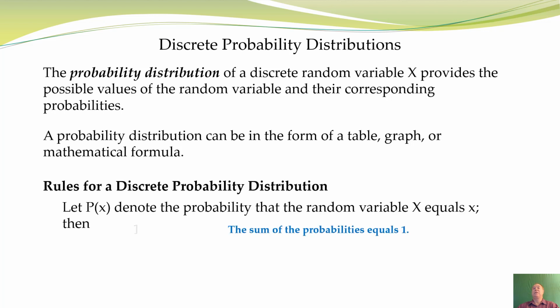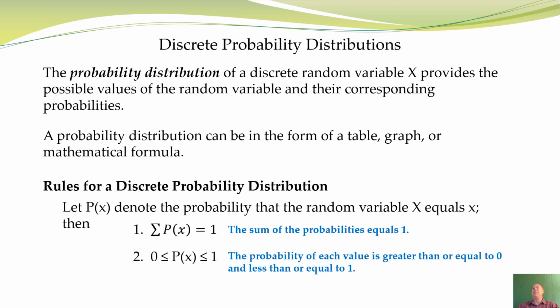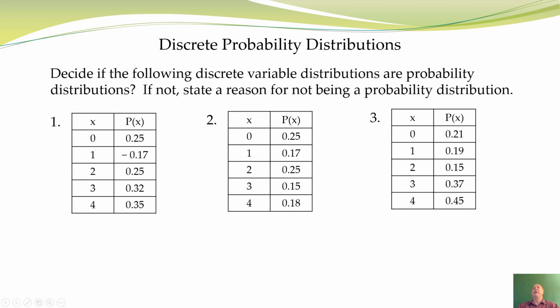Then, the sum of the probabilities equals 1. So the sum of P of X equals 1. The probability of each value is greater than or equal to 0 and less than or equal to 1. So the probability of each individual value has to be greater than or equal to 0, less than or equal to 1. Okay, let's look at a few here.